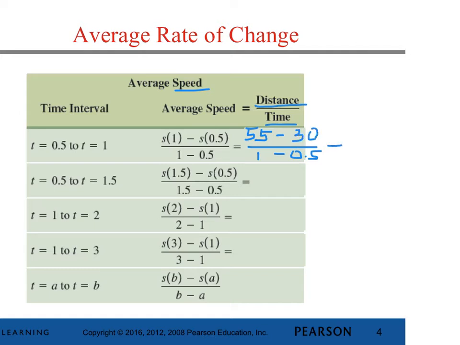So 55 miles minus 30 miles means we have traveled a distance of 25 miles in that half hour. And 25 miles divided by 0.5 is equal to 50, and once again, that's miles per hour.